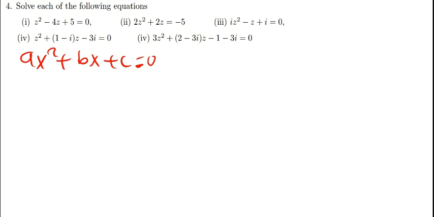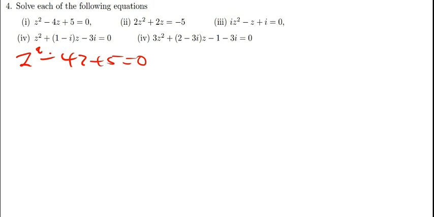So the question is z squared minus 4z plus 5 is equal to 0. This cannot be factorized. Why? Because we're talking about quadratic equations of complex numbers.